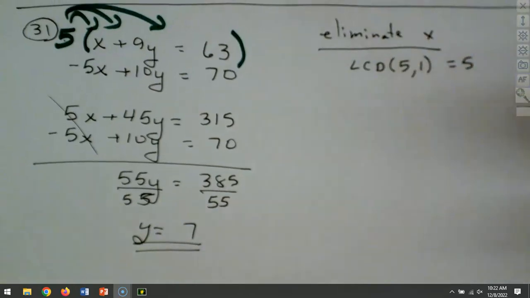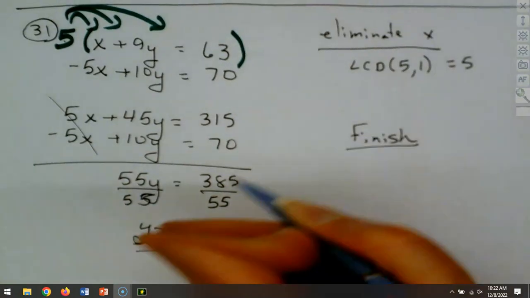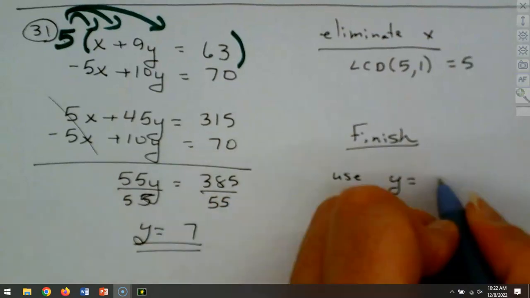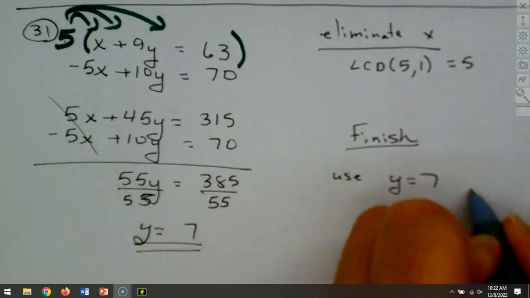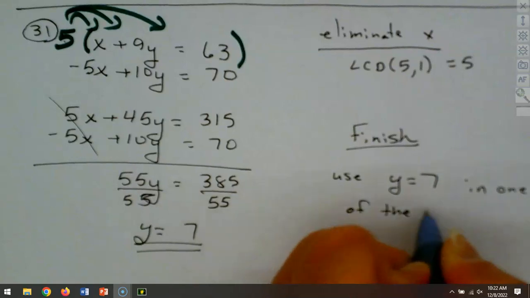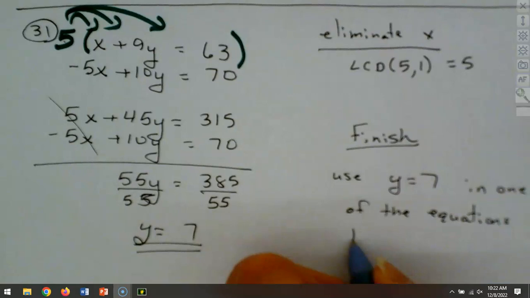Now, you're going to have to finish this. And what are you going to use? You're going to use y equals 7 in one of the equations to find x.